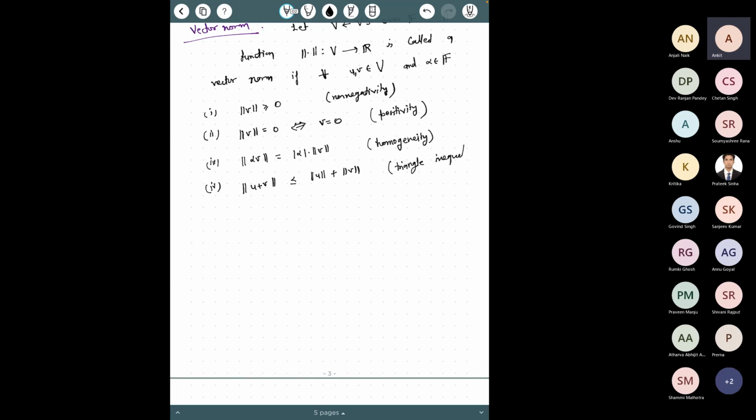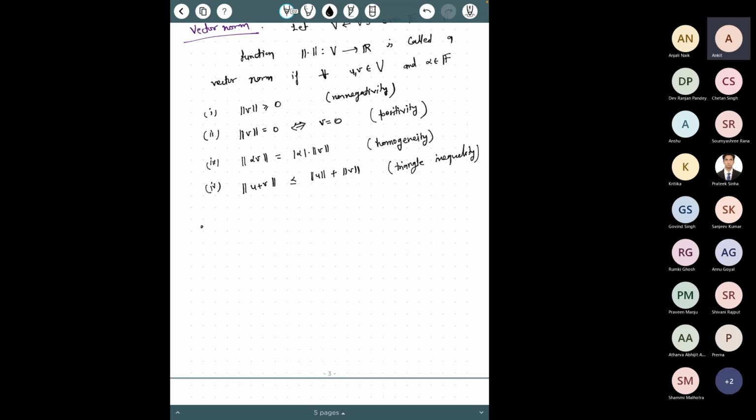So if any function from V to R satisfies these four properties, then that function is called a vector norm. Okay. Now there are functions which do not satisfy all four properties, but satisfy only three, except the second property. Such a function is called a vector semi-norm.